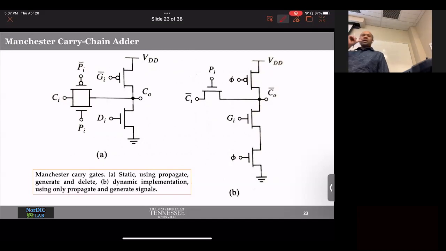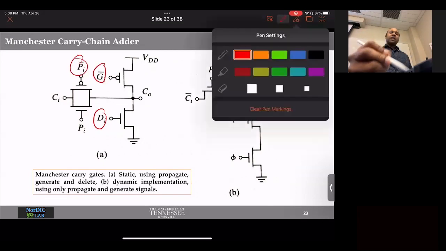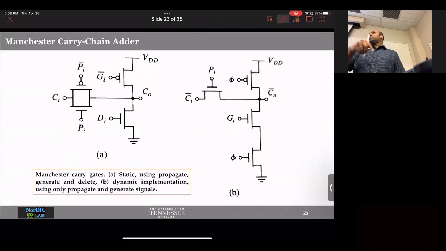Now, this is another approach that people proposed using delete, generate, and propagate, all three. And by the way, there are additional topologies beyond what we are talking about in this course. They are way more complicated, and I certainly don't want to scare students away from computer engineering.